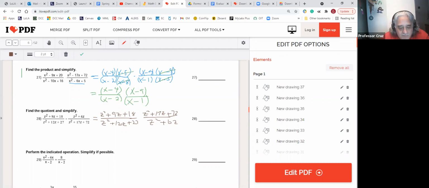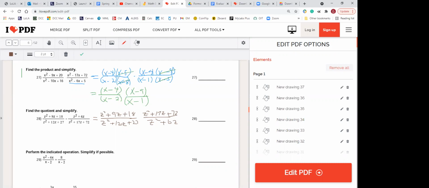All right. Now, what would you start factoring first? The z squared plus 6z. Yeah, that's the easiest one. So let's pick on that one.